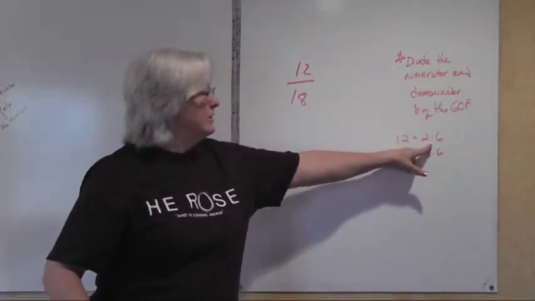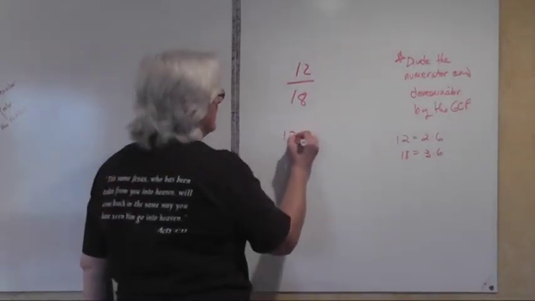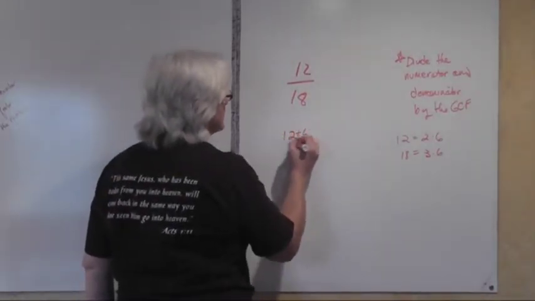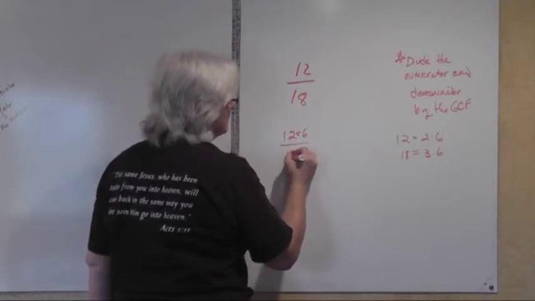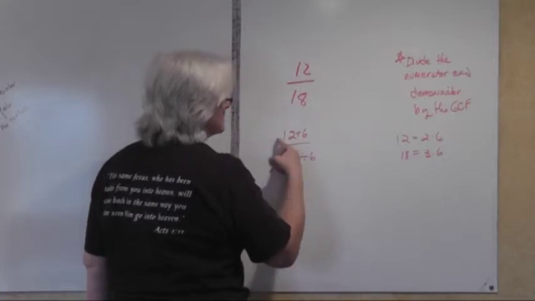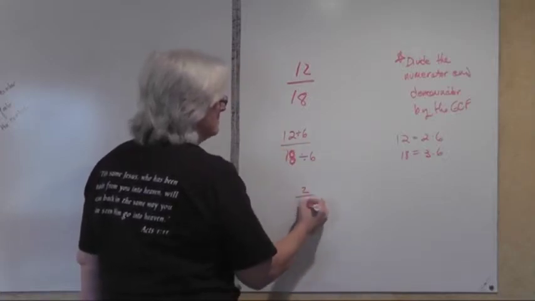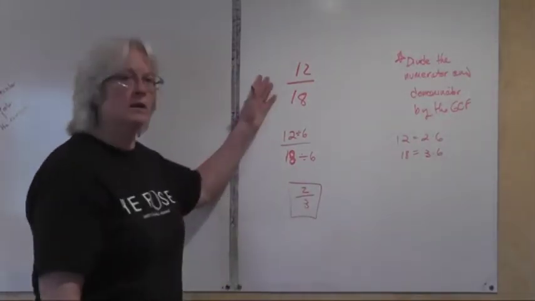But here, if you divide 12 by 6 and 18 by 6, 12 divided by 6 is 2, 18 divided by 6 is 3.